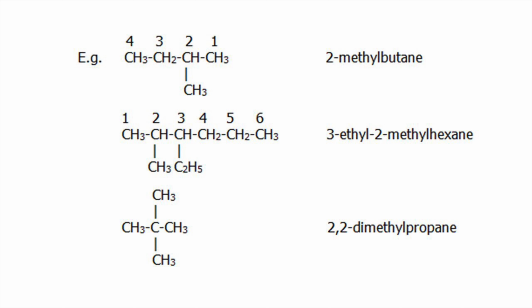In another example, 3-ethyl 2-methyl hexane. The longest continuous carbon chain contains 6 carbon atoms, so the prefix is hex. Here there are 2 substituents, methyl group and ethyl group. If the parent carbon chain is numbered from the left side, the substituents get the numbers 2 and 3.